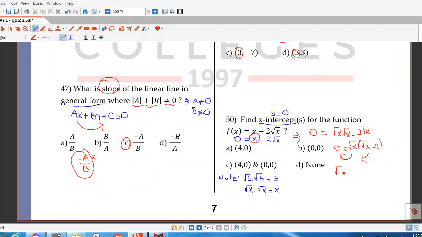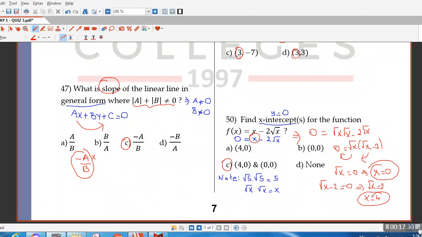If I have root of x equal to 0, by squaring both sides, x is equal to 0. The other part, root of x minus 2 is equal to 0, means root of x is equal to 2. By squaring both sides, x is going to be 4. So there are two solutions, 0 and 4. (0, 0) and (4, 0) are the x-intercepts of the given function.